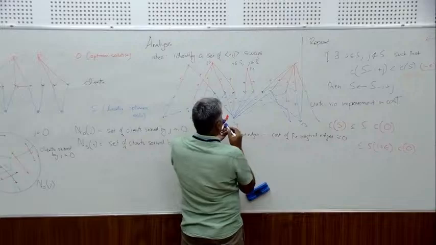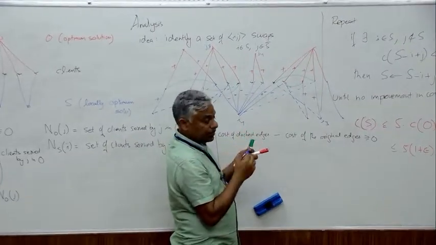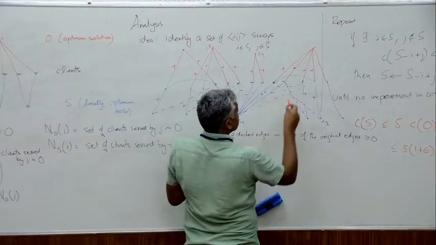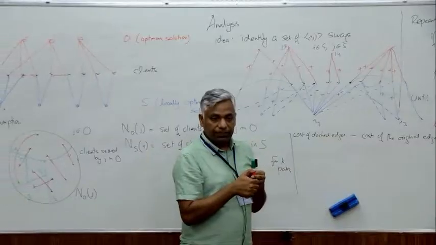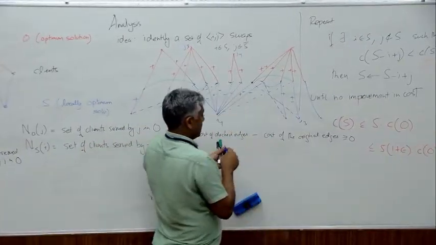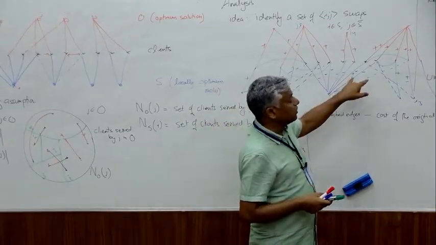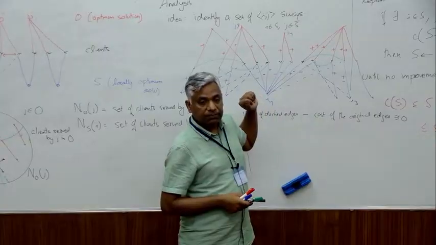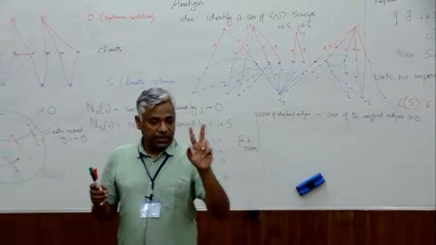So which edges will get a plus and which will get a minus? This edge will get a plus. These edges will get a plus. And this edge will get a minus. So all the blue edges are going to get a plus and a minus, and all the red edges are going to get exactly two pluses.